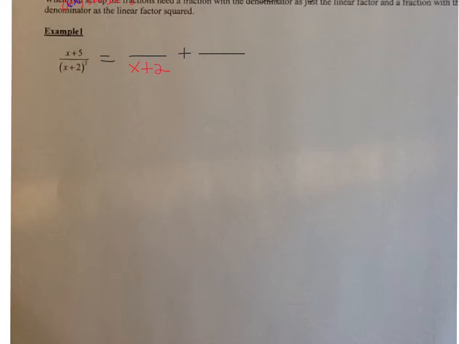And then my other denominator is going to be x plus 2 squared. I can't have x plus 2 and an x plus 2, because then my denominator is just x plus 2. So I have to have that square. So I have one as x plus 2 and then the other one as x plus 2 squared.